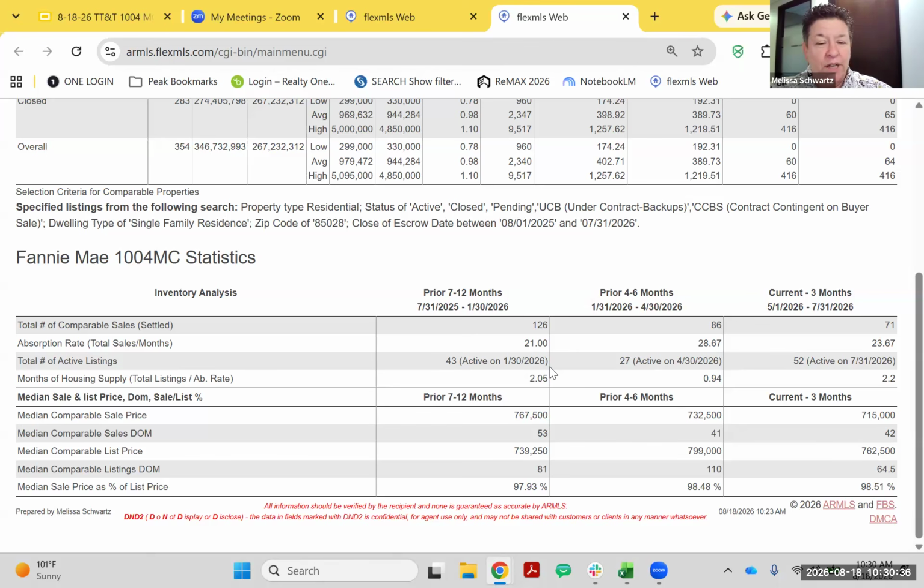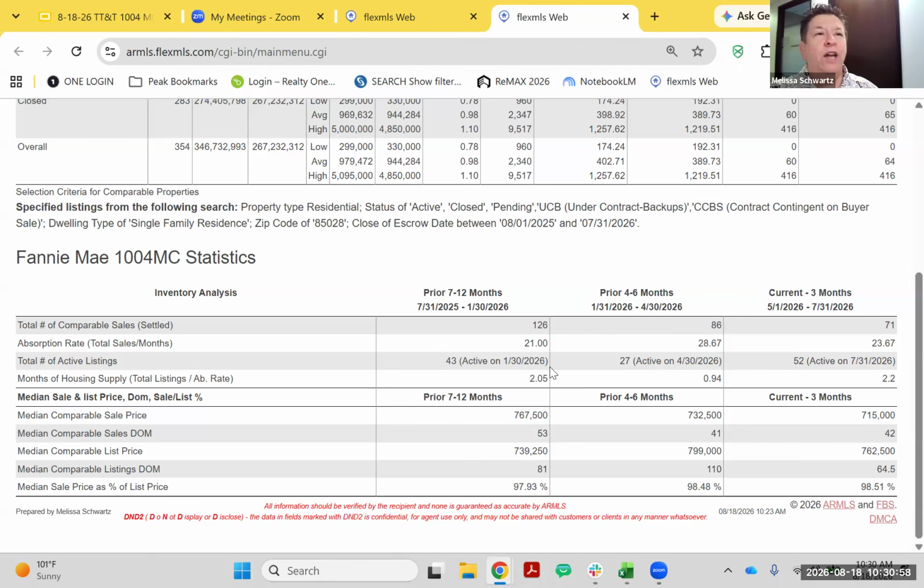You're following the market. So the median comparable listing days on market, 81 days up to 110. Those homes that listed at 799 did not sell at 799. I'm okay, some of them may have, right? But the point is, things sat longer because they were higher priced. And that's what happened.